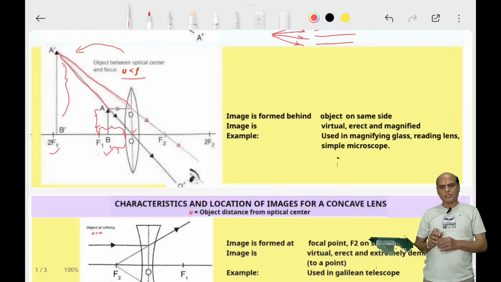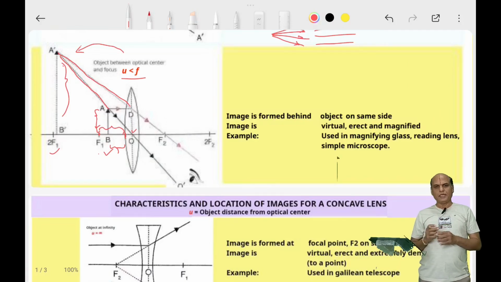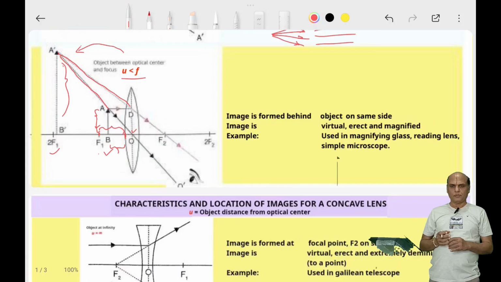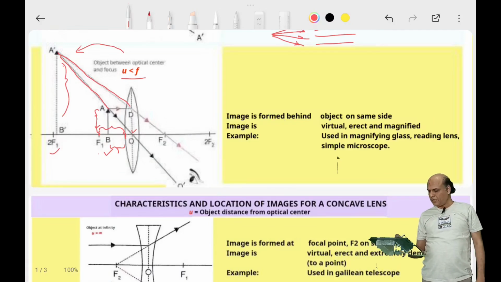Such a convex lens is used in a magnifying glass, or in reading glasses, or even in a simple microscope. If you notice, the image is formed behind the object, on the same side of the lens, not the other side.